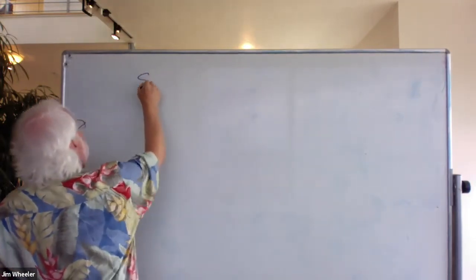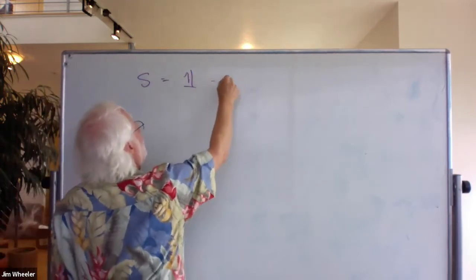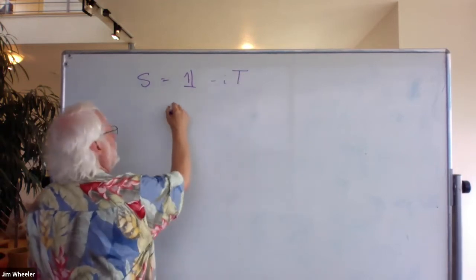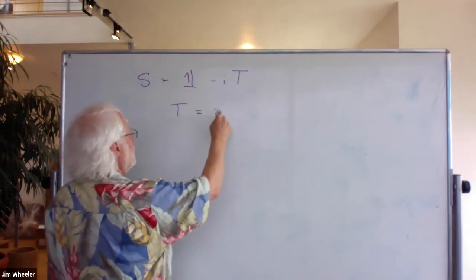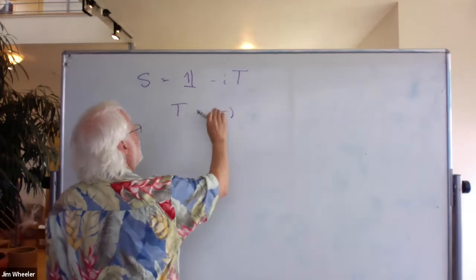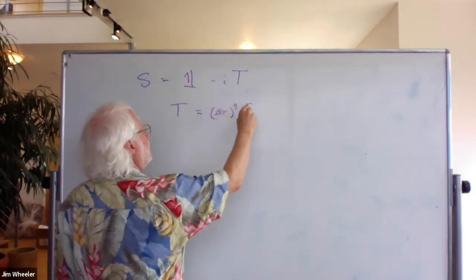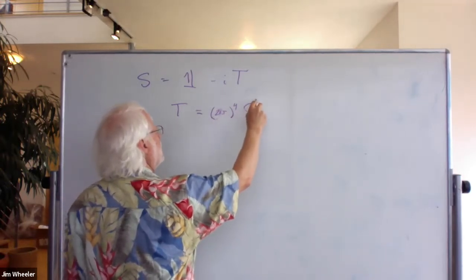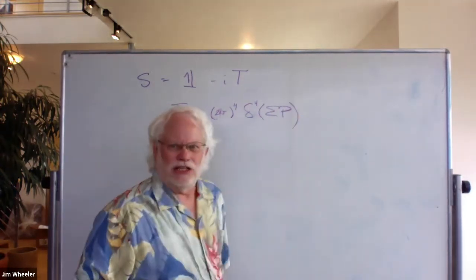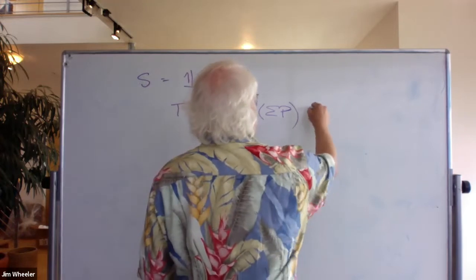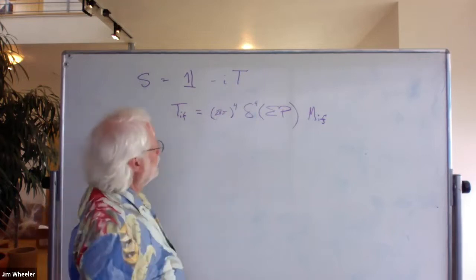The scattering matrix is basically an identity minus i times T. And then we wrote T as 2 pi to the 4th times the delta function for the total momentum conservation times the matrix elements from initial to final state.